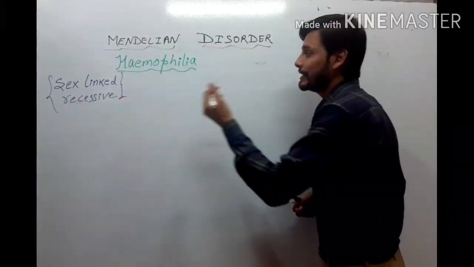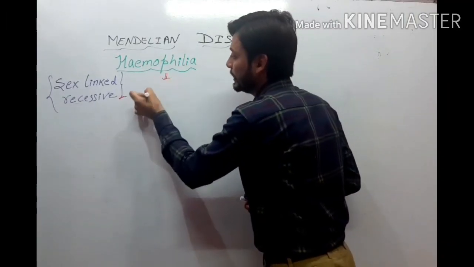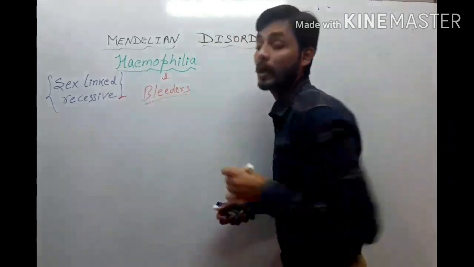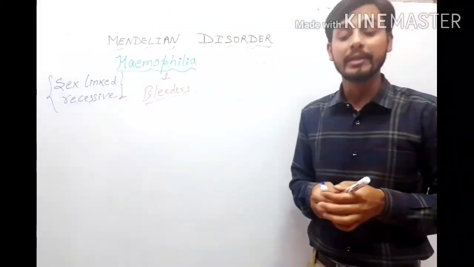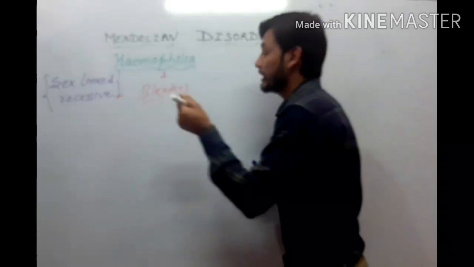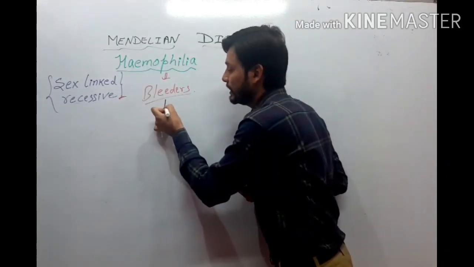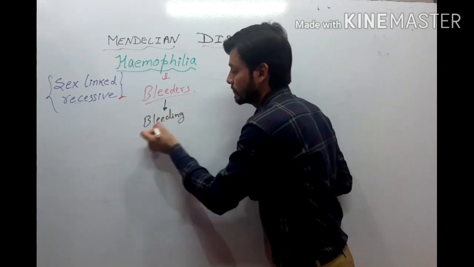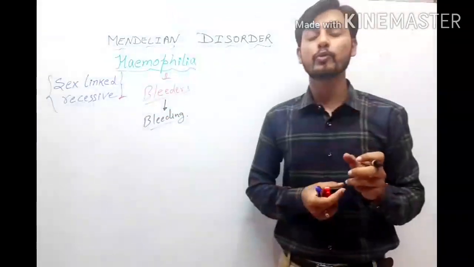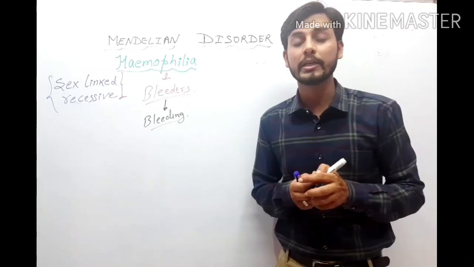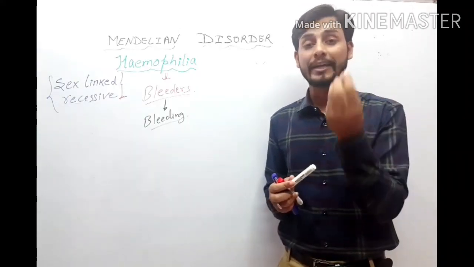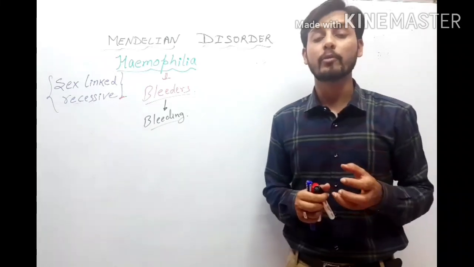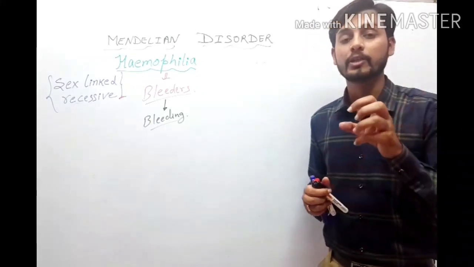Another condition is that hemophilia is also called bleeder's disease. Why is it called bleeder's disease? Because it causes excess bleeding. Even after a minute, small cut, there is an excess loss of blood from the human's body.